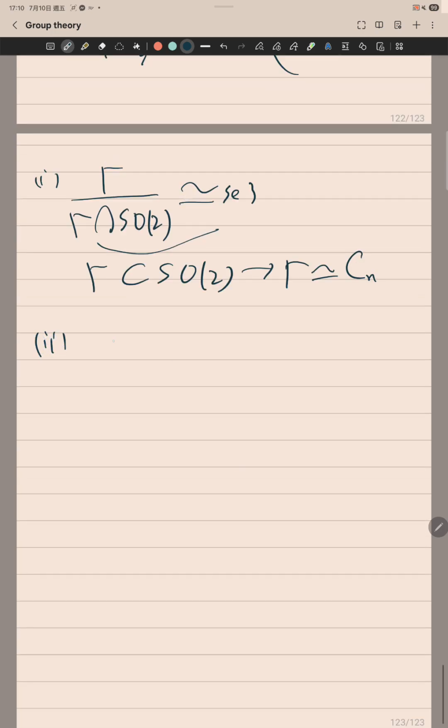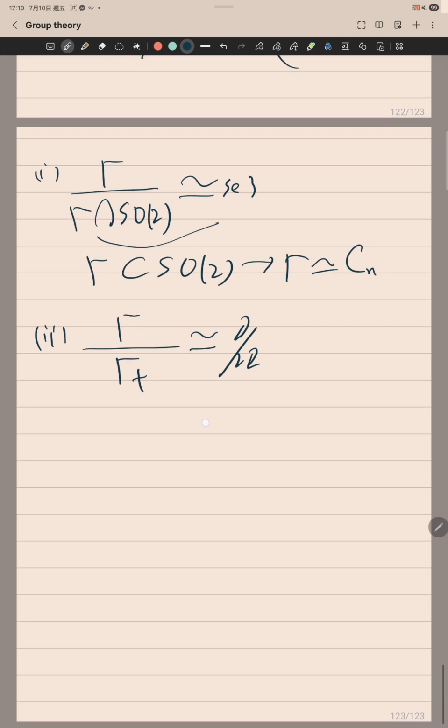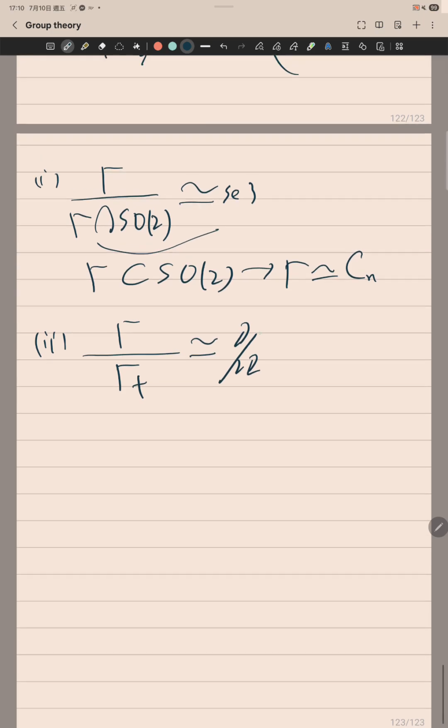Otherwise, this quotient is isomorphic to Z mod 2Z. This is the other possibility, which means that gamma plus has index 2 in gamma. So gamma plus is a subgroup of gamma, and I can write it with cosets.